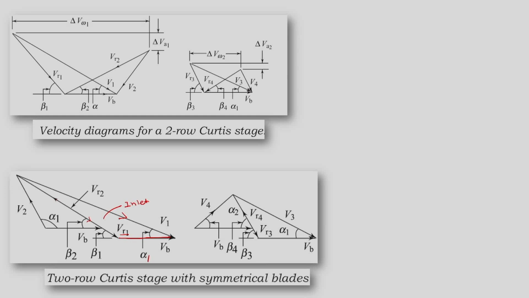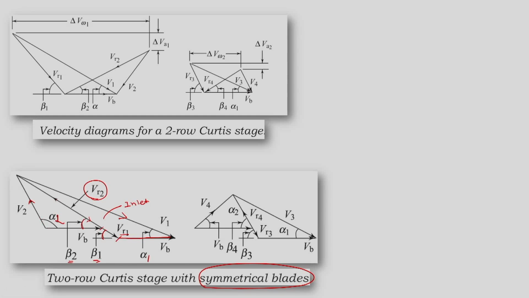Now we know that there is some fraction by which VR1 will be reduced to VR2. So we will reduce that magnitude, and then this becomes VR2. Now this VR2 will have the same angle for a symmetrical blading case, so we have beta 2 and beta 1 the same, and then we have V2 as the absolute velocity with angle alpha 2.